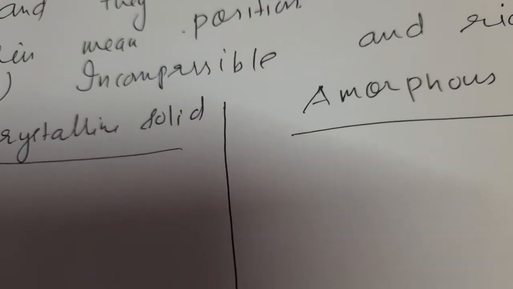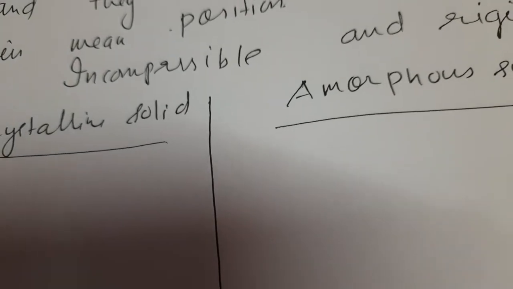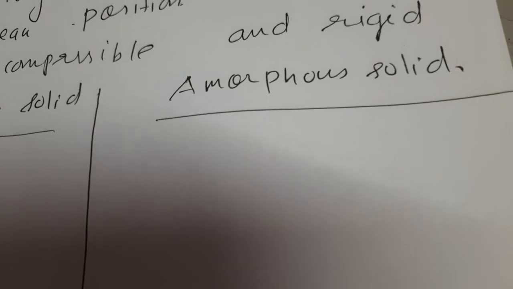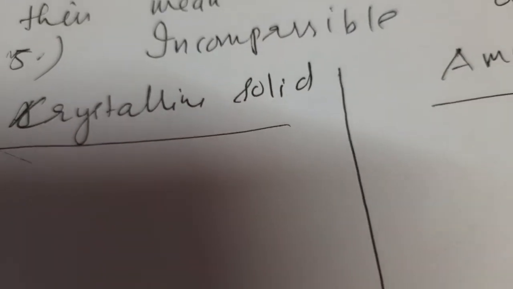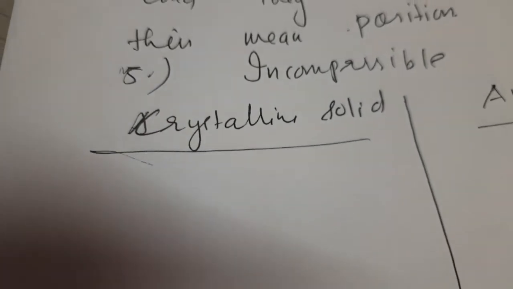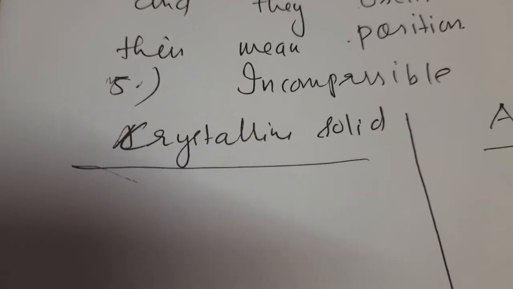If I talk about rubber, polyurethane, Teflon, then cellophane, the thin paper, then PVC, all these are amorphous, they do not have a definite arrangement. Whereas if we talk about crystalline solid, naphthalene, what is naphthalene, beta? The naphthalene balls, phenyl balls, that is naphthalene.